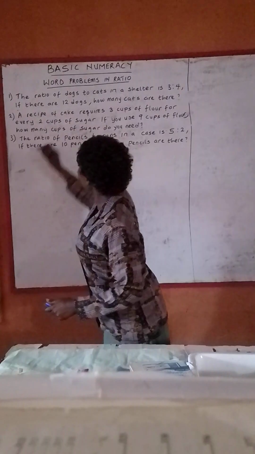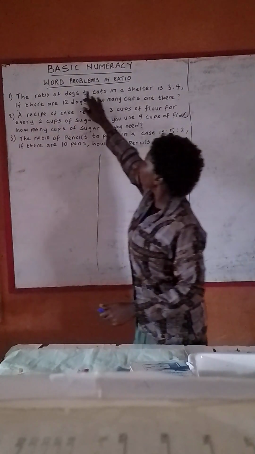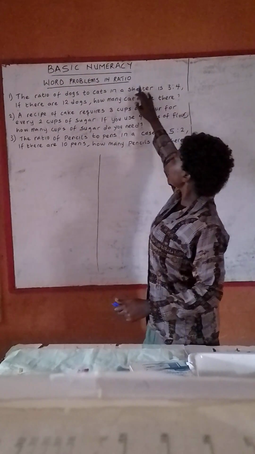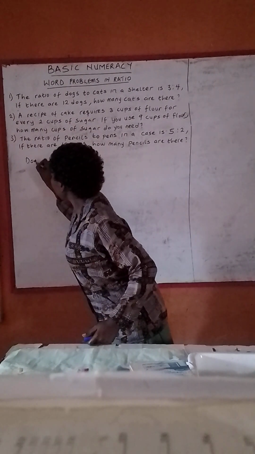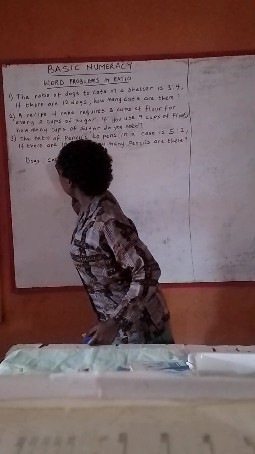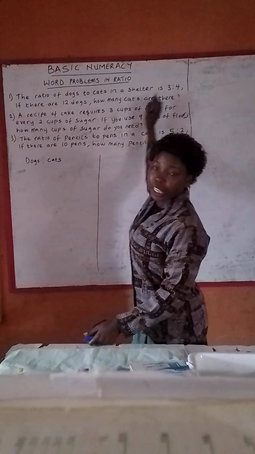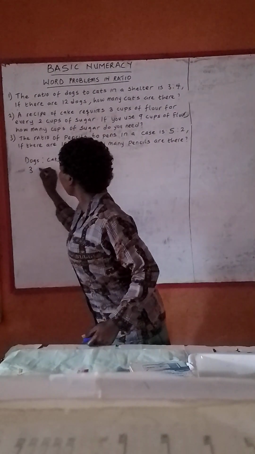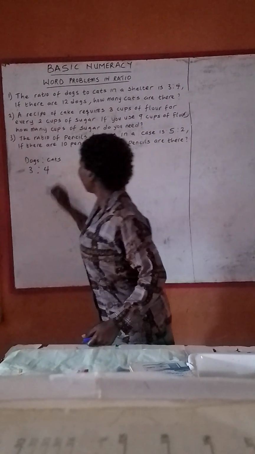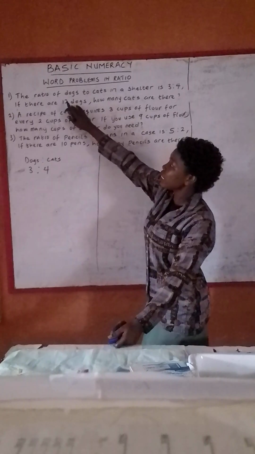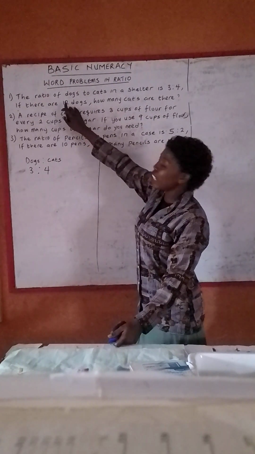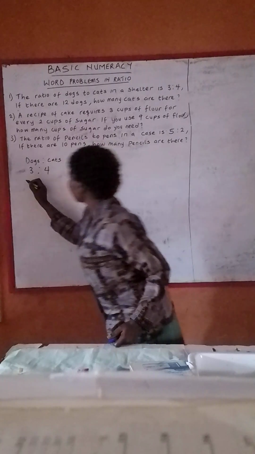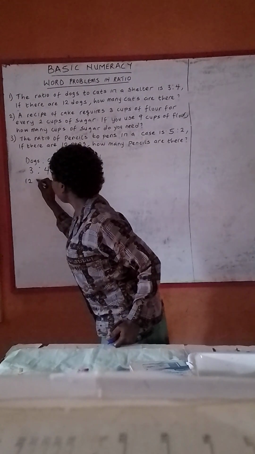From looking at this, the ratio of dogs to cats in a shelter is 3:4. Now they have given us that in that shelter there are 12 dogs.